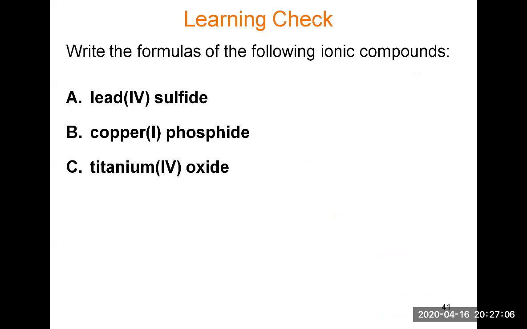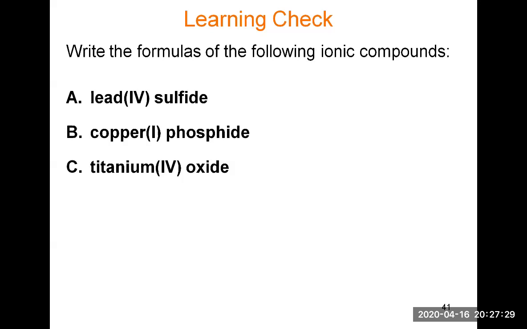So lead(IV) sulfide. Lead has the symbol Pb. So we know from the Roman numeral that in this compound it's Pb4+. Pb is a variable charge metal from group 4A.